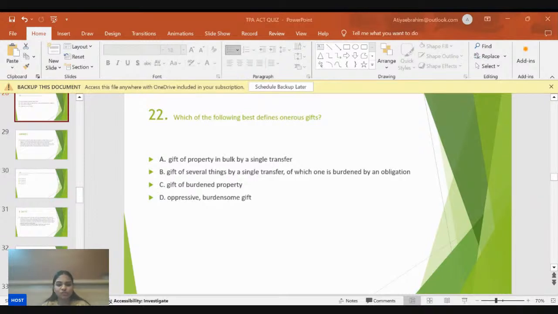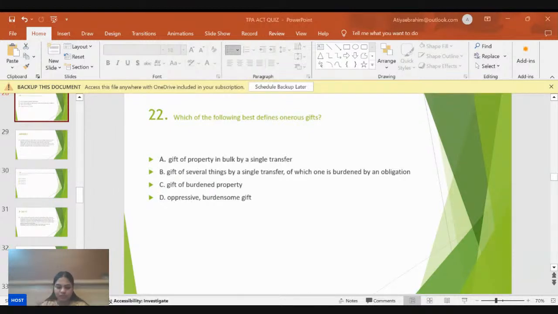It's under which section, students? Anyone who can tell me the section of onerous gift? It's section 127, right? Section 127 talks about onerous gift.